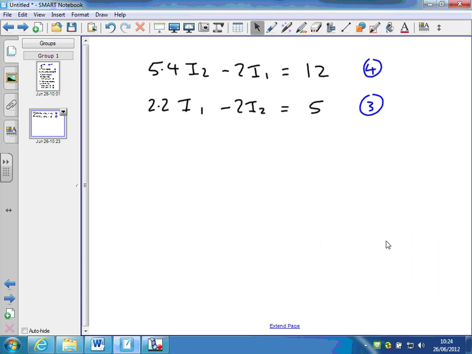Okay, so the problem is to try and make them the same, isn't it? So if we look at I2, we've got 5.4 I2 in the first equation and 2 I2 in the second equation. So what do we do? Well, probably the easiest way is to multiply equation 4 by 2 and equation 3 by 5.4, then I will get I2 the same.